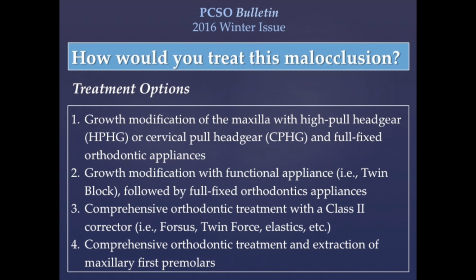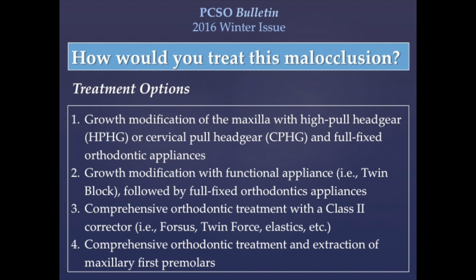So, with these dental findings in mind, how would you treat this case given the following options? 1. Growth modification of the maxilla with high pole headgear or cervical pole headgear and full fixed orthodontic appliances or braces. 2. Growth modification with a functional appliance such as a twin block, followed by full fixed orthodontic appliances. 3.